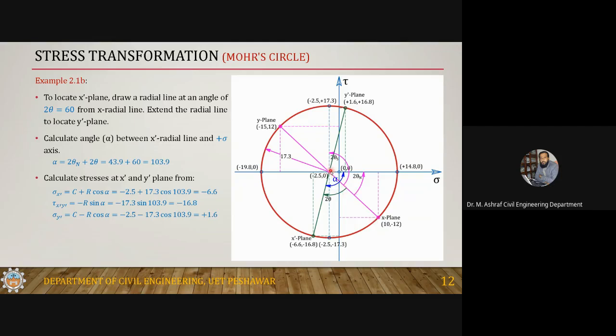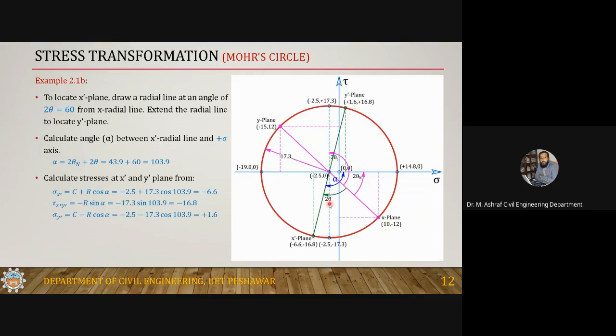You will have to take a protractor, place it here, and then mark an angle of 60 degrees here, and join this with this one, so it will intersect the circle at this point. And this point is basically your X prime plane. And if you join this X prime plane with this one and extend it on the back side, you will get the Y prime plane.